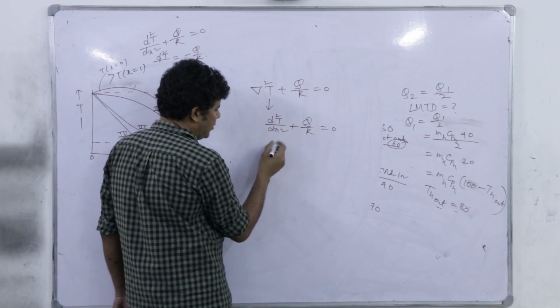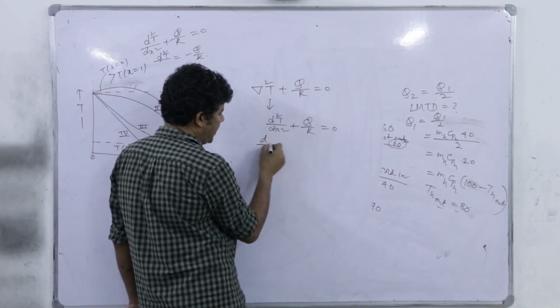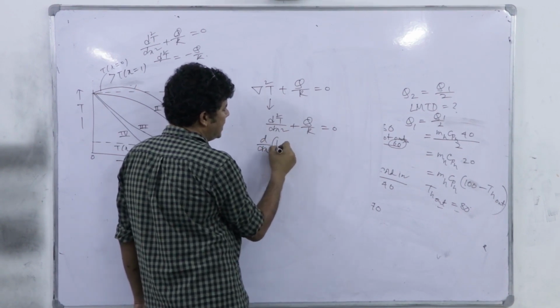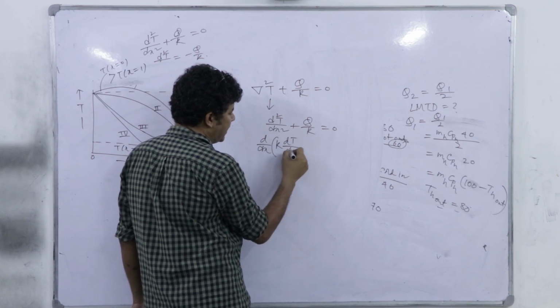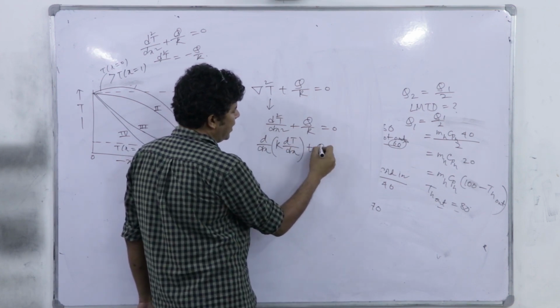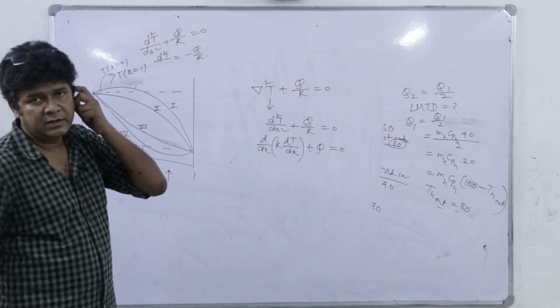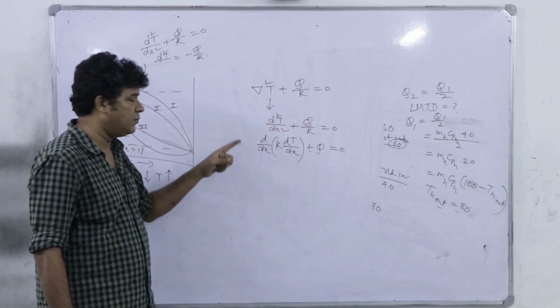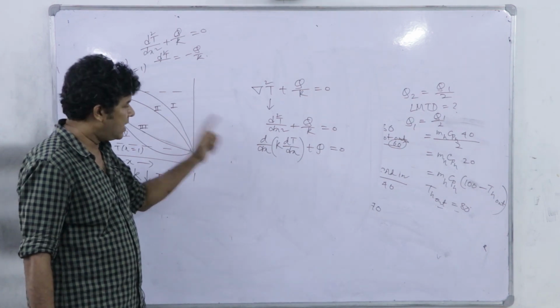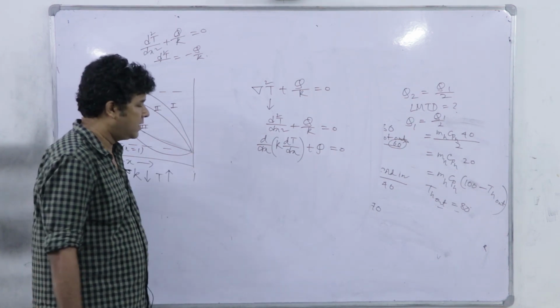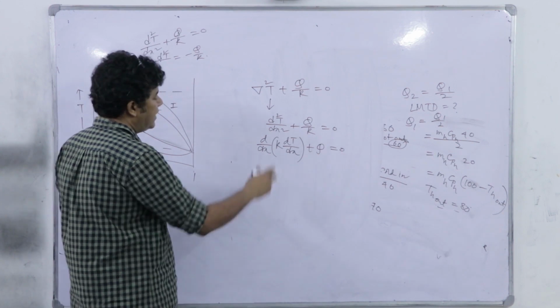And how come we are able to write this? Because K is constant. So if K is not constant, it should be d dx of K into dT dx plus Q equal to 0, right? So that will be the general conduction equation in one dimension under steady state for heterogeneous continuum in Cartesian coordinate, of course.